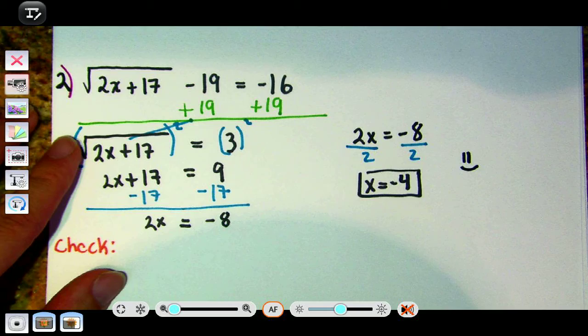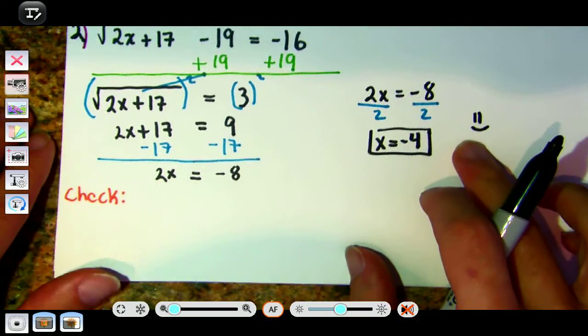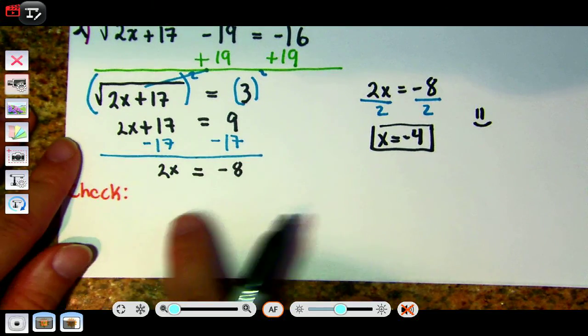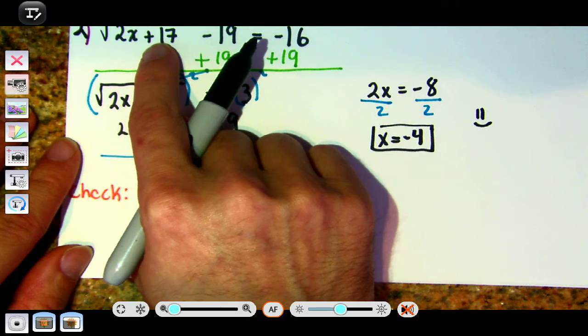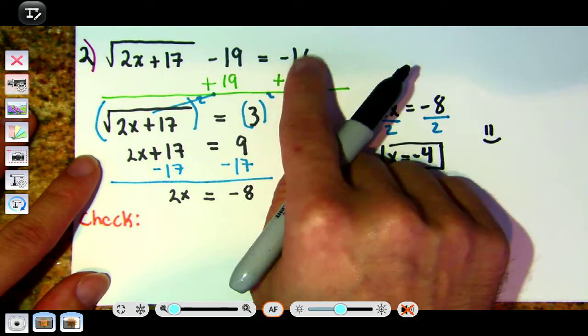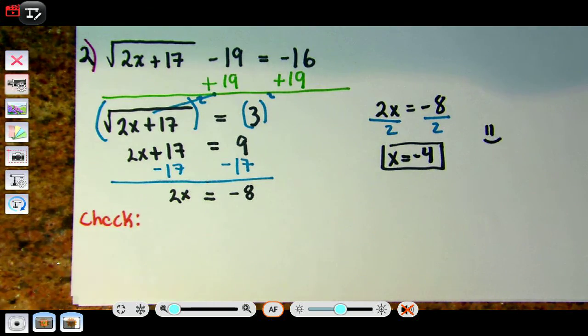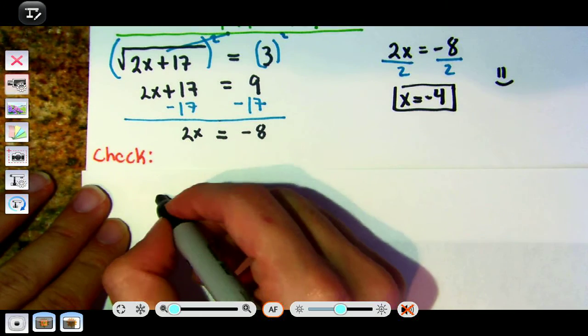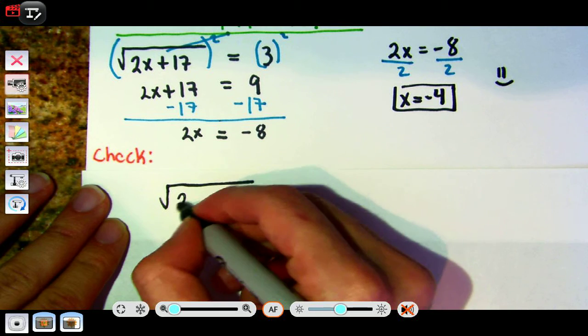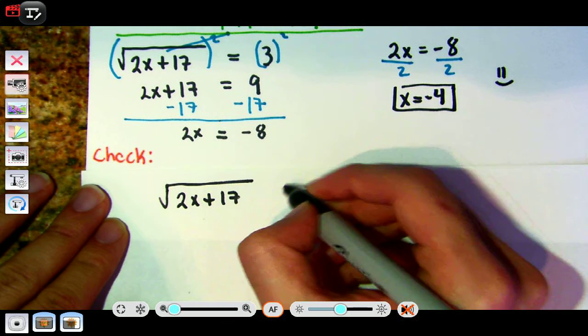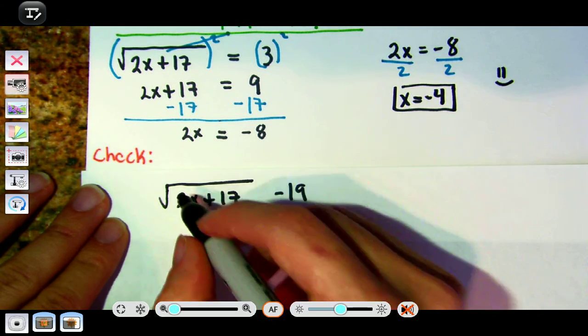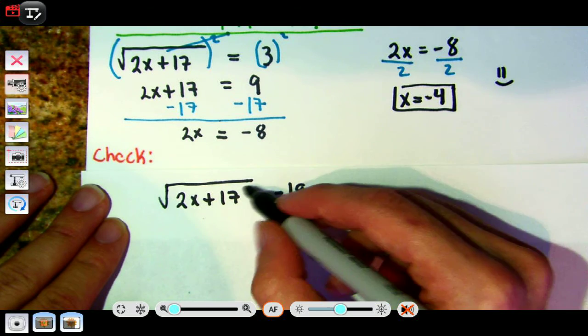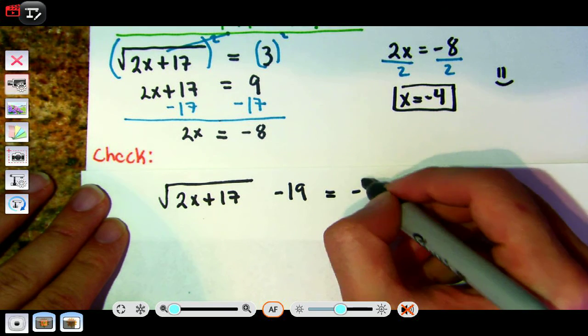But it's not enough. Check it real quick. Plug in negative 4 into the original. Do we get one side equal to the other side? Well, let's see. The square root of 2x plus 17 minus 19 equals negative 16, when x equals negative 4.